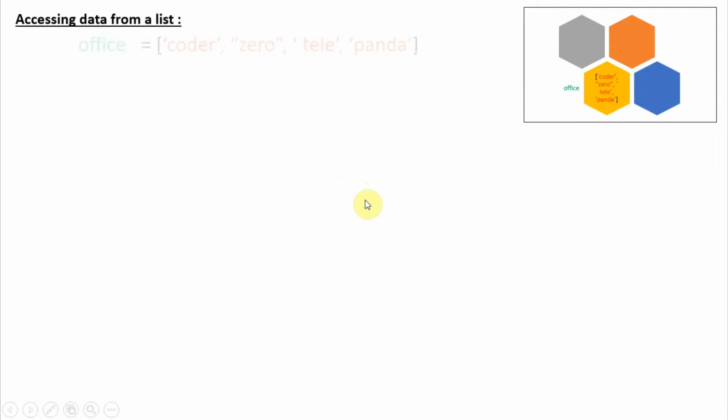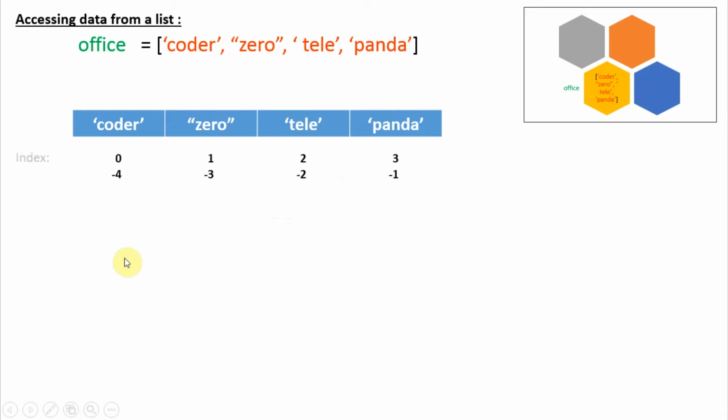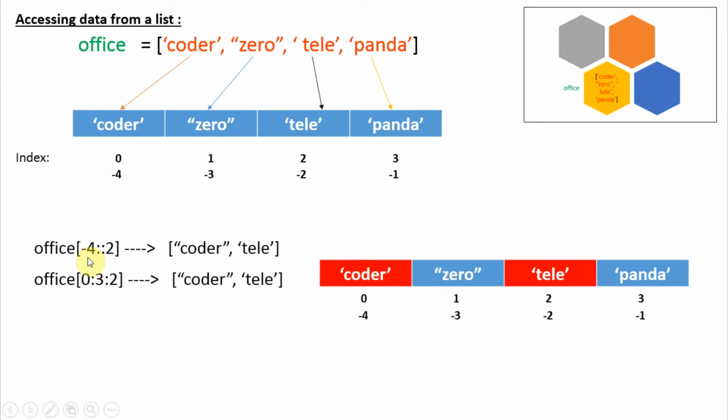We could do the stepwise operation also. We give the starting index and stopping index, then we give the step value. You can see here the starting index is 0, then the stopping index is 3. So 0, 1, 2, 3. This is the stopping index. We have given 2 as the step value, so it will first pick up this value, coder.